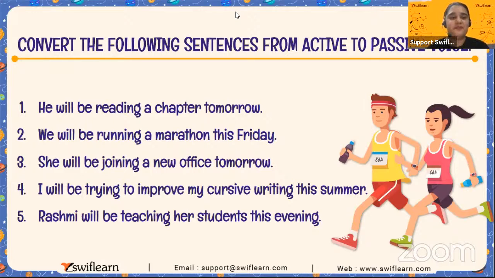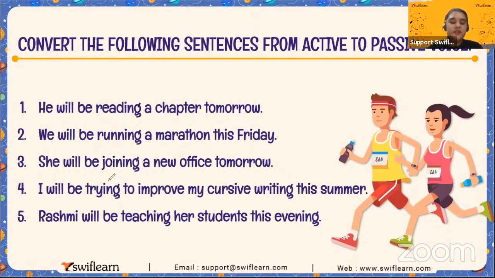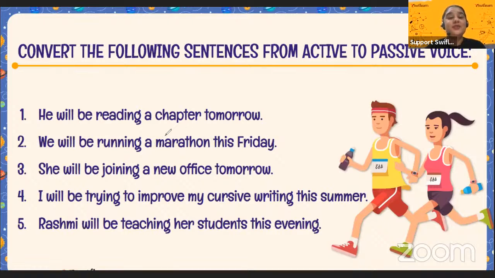Okay. So let's try it together now. So here we are having the first sentence. He will be reading a chapter tomorrow. So which one is the object here? Yes, chapter. So you will start it from chapter. So a chapter will be read by him tomorrow. Clear?